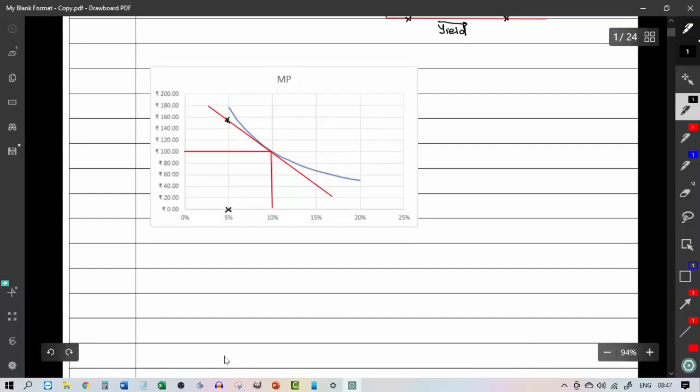But then in reality, the price of the bond will be here. That means if the yield has fallen, then the price of the bond has increased, but in reality it has increased more than what is represented by this straight line.